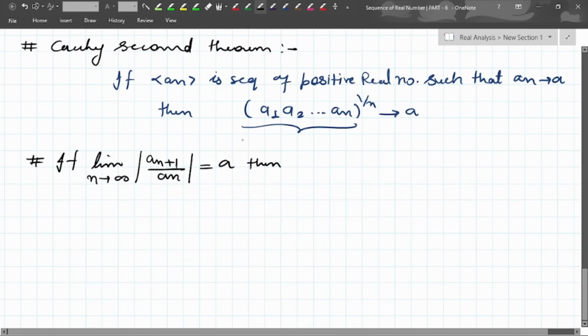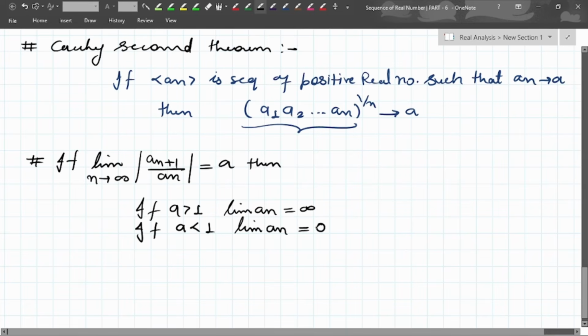What the limit of an is depends on the value of this. From here, if a is greater than 1, the limit of this sequence an is going to be infinity. If a is less than 1, then the limit of this an is 0. So this is one of the important results.